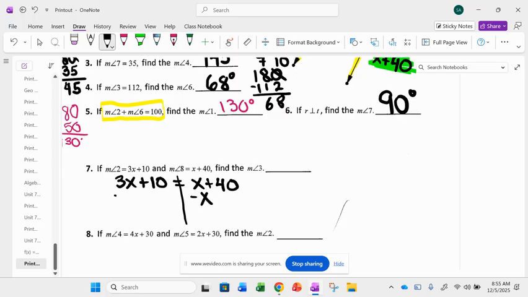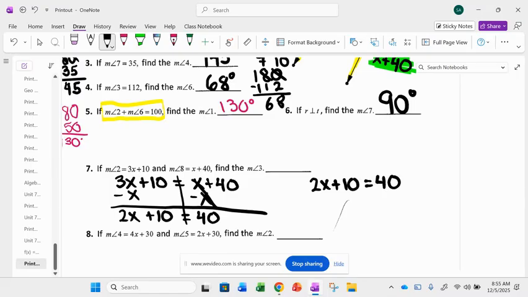We subtract x on both sides. So now I have 2x plus 10 is equal to 40. Bring it up here. And now I subtract 10 on both sides. So 2x is equal to 30.